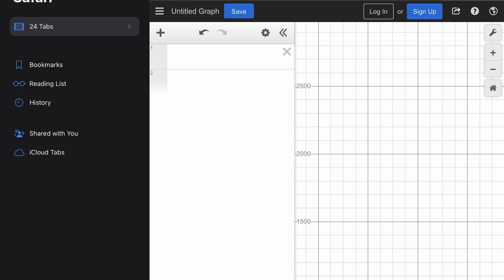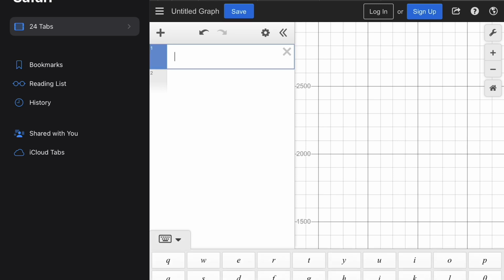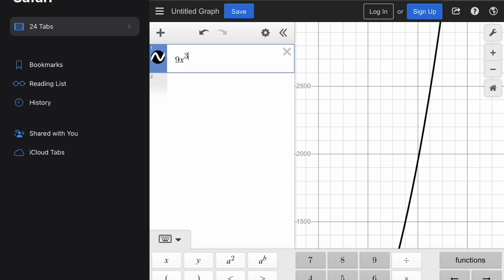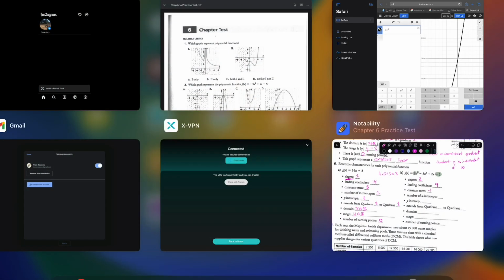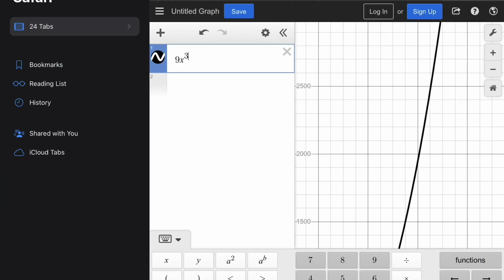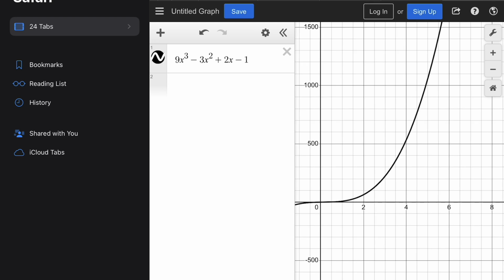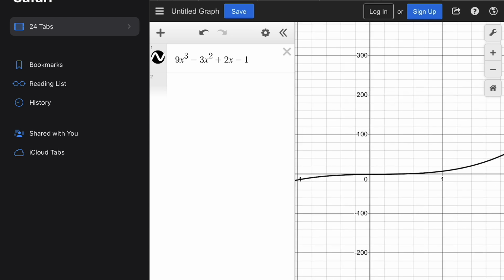I've already forgotten it. 9x cubed minus 3x squared plus 2x minus 1. And zoom out. Oh, perfect.